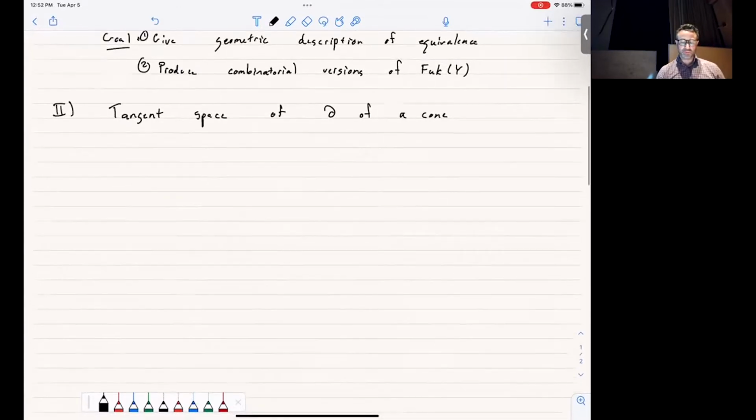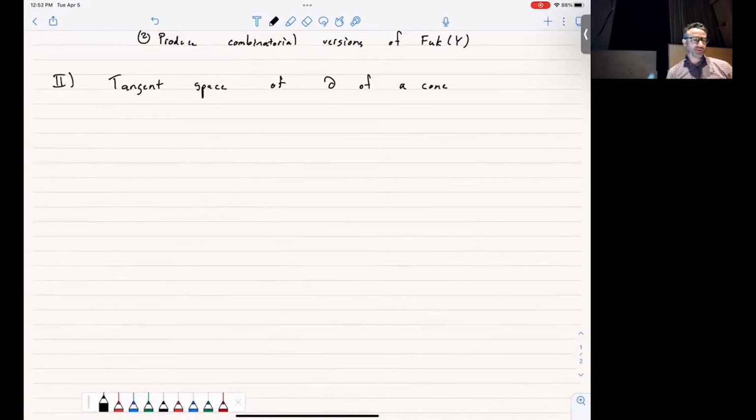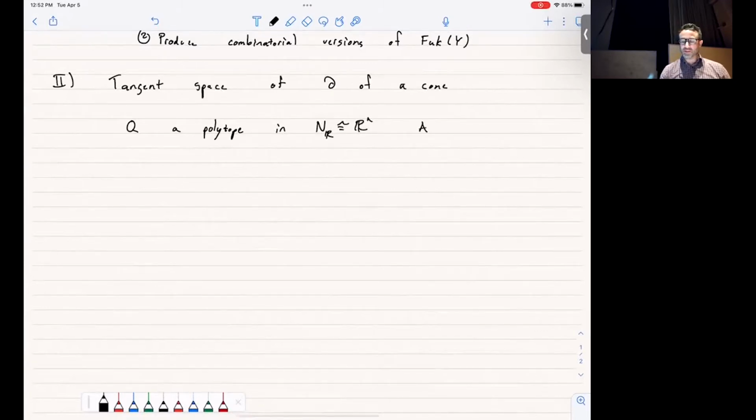Okay, so as I said, it'll be very down to earth, so hopefully understandable. So I'll take Q a polytope in a vector space N_R. I just want R^n. And for now, I'm just going to take A to be the vertices of Q.